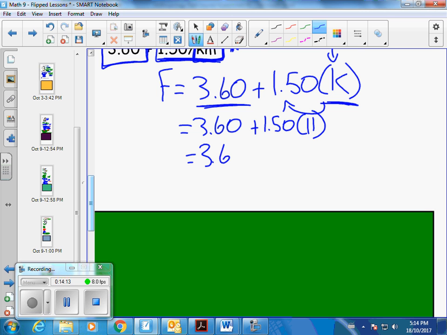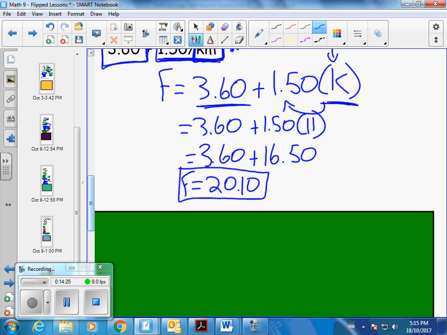So I have 3.60 plus 16.50, which gives me a total of $20.10. The fare for 11 kilometers is going to equal $20.10. That's it for now. Go ahead and give that a try, and I will see you in math class.